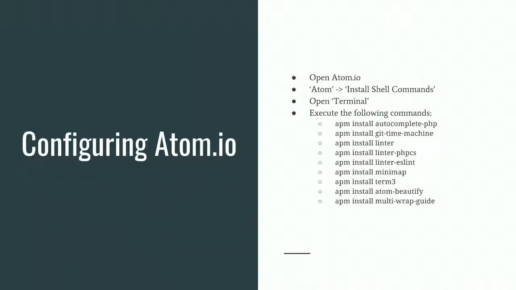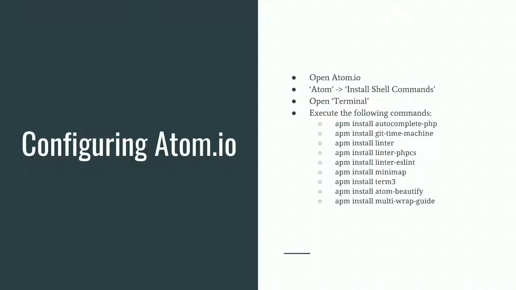And then the multi-wrap guide sets it up to where you can have a certain width. Like Drupal says you have to have 80 characters. 80 character width, and so the multi-wrap guide lets you set, don't do this. So I definitely recommend checking out that slide.